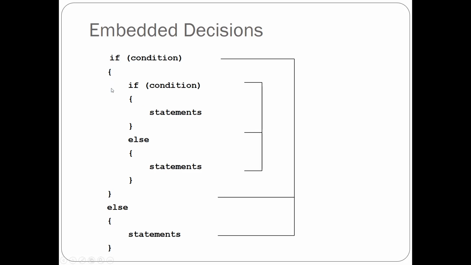Here we've got the outer if statement, and here we've got the inner if statement, and you can see straight away how that would work. If that condition is true, we run everything in here. If that condition is false, then we run the else. Inside here, if that condition is true and that condition is true, we run that one. If that condition is true and that condition is false, we run that one.